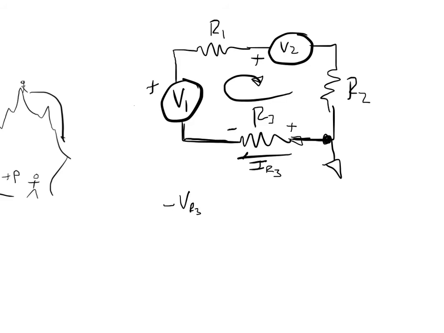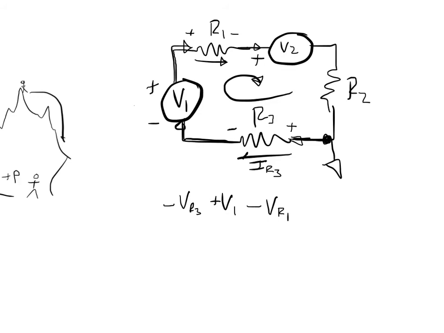And then if we come up to here, once we get to our first voltage source, we're going to increase the voltage, V1, and then we'll come across to here, and we're going to, again, hit another resistor. Again, if current is going this way, then the voltage on this side of the resistor must be higher than this side, so we're going to lose some voltage here.